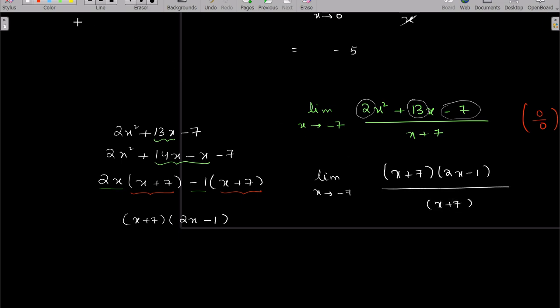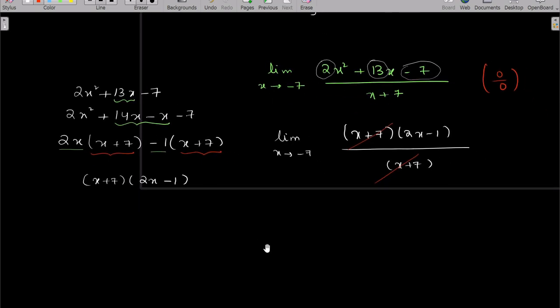So now you can cancel out x plus 7, right? Would it still give me 0? Oh wait, no. Now x plus 7 is no more there. Now substitute x is equal to negative 7. Now the function is 2x minus 1.